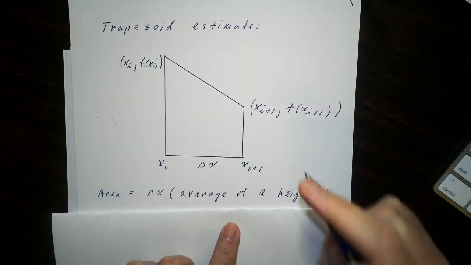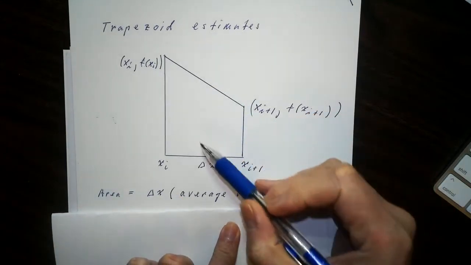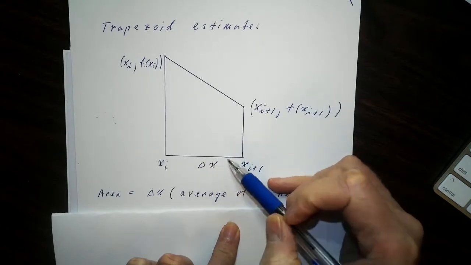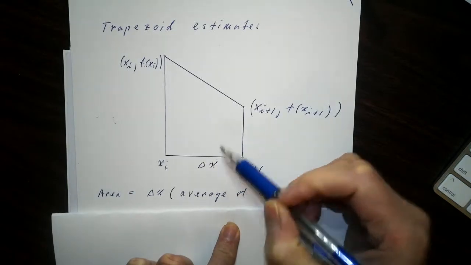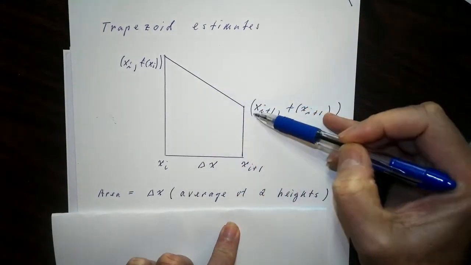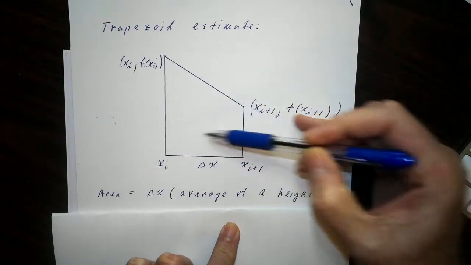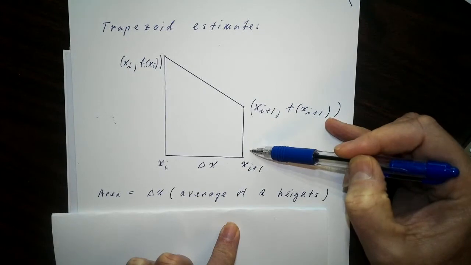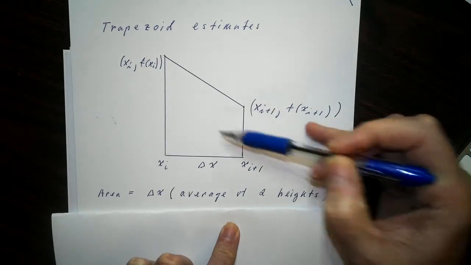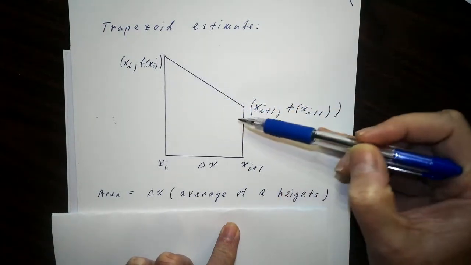Now the area of a trapezoid, it ends up, is the base length, which is delta x, and then I multiply that by the average of the two heights. So this height would be f of x sub i, and this height would be f of x sub i plus 1. It's actually pretty easy to show that it's the average of the two heights.